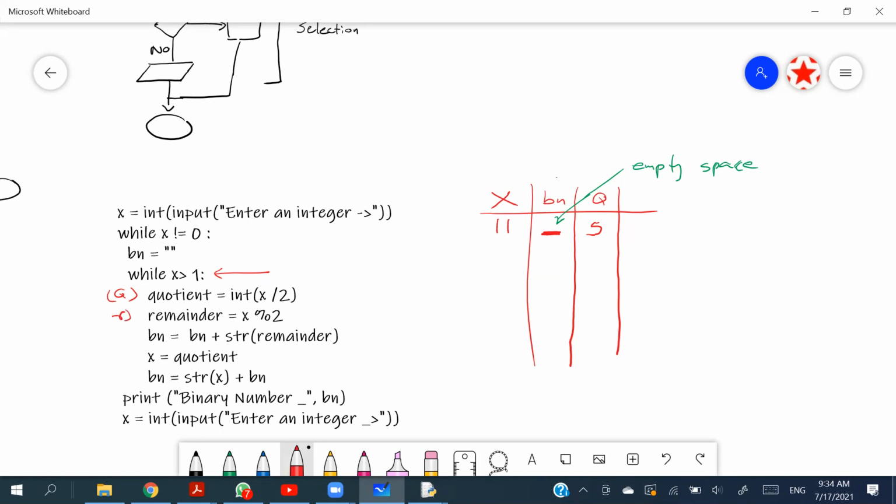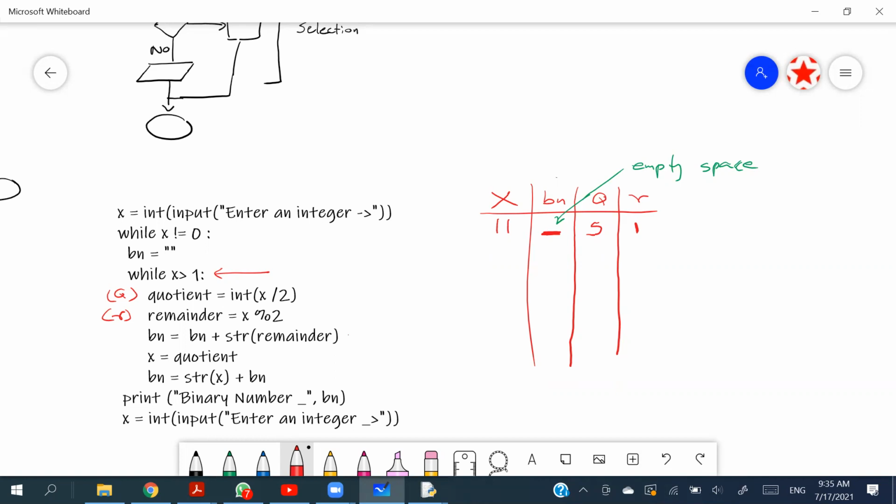So remainder I think of as r. So remainder is taken like x remainder 2. So x remainder 2 means x is divided by 2, and what is the remainder will be equal to the r. So once 11 divided by 2, the remaining is 1, so 1 is given to the r. So then it says bn equals bn plus str remainder.